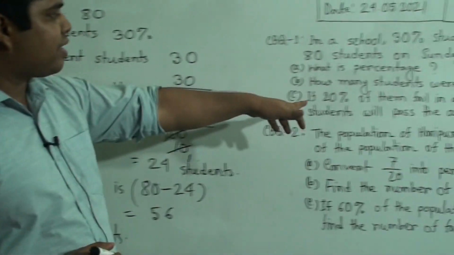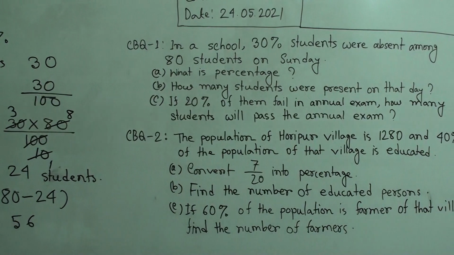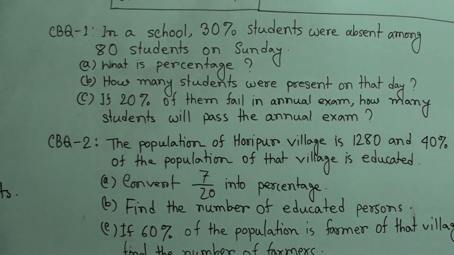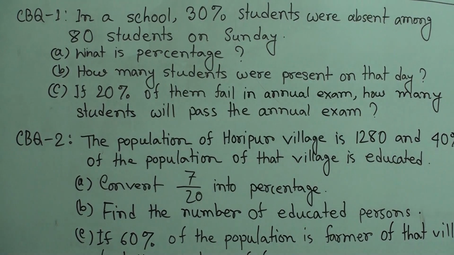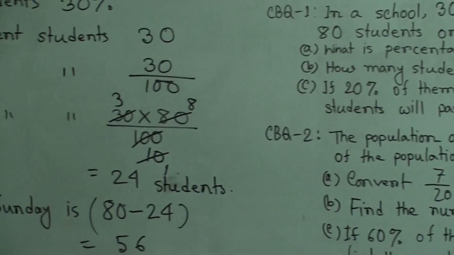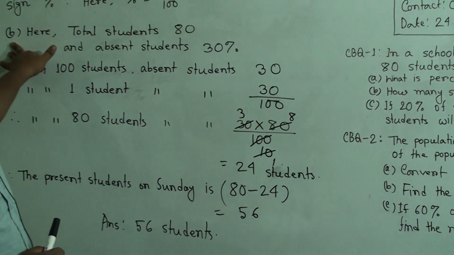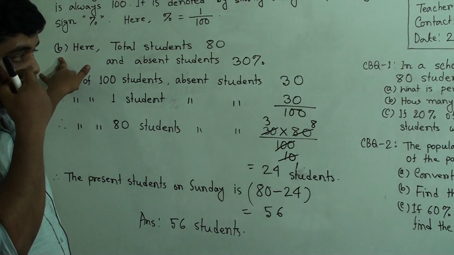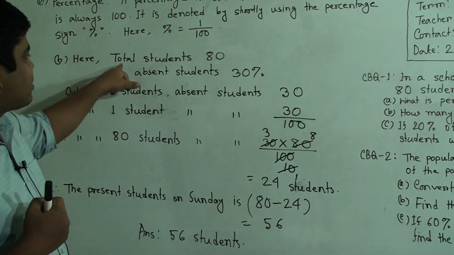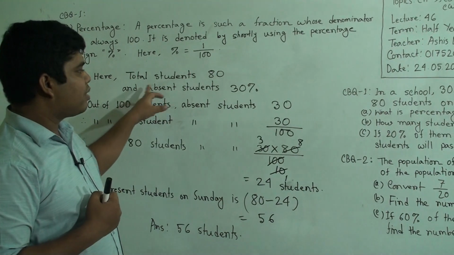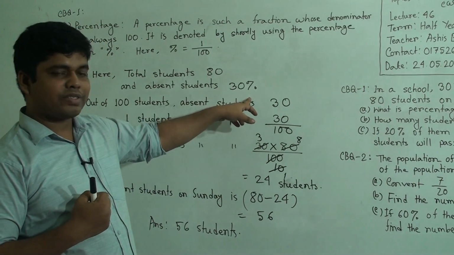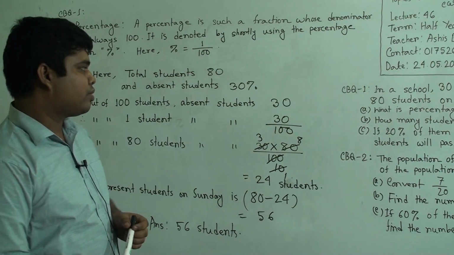If 20% of them fail in the annual exam, how many students will pass the annual exam? Just similar to question number B. Here total students 80 as usual, and fail students 20%. This time fail students will be 20%.